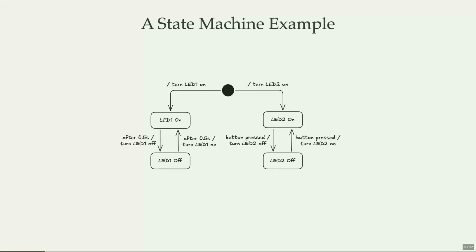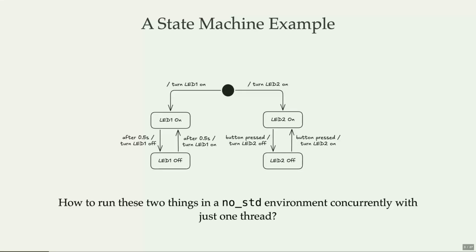Like, okay, we are in Rust. We are in a no-std environment, means we don't have allocation, we don't have threads, we don't have OS support. And for portability reasons, we do not want to drive outputs from interrupts, which is something you can obviously do. So how are we going to run these two things in a no-std environment with these constraints, with basically just one thread of execution?